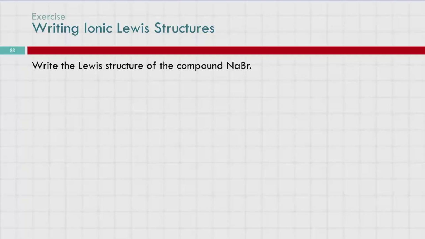Write the Lewis structure of the compound sodium bromide. Na and Br are the two elements that we have. Sodium has 1 valence electron. Bromine is a halogen, so it's going to have 7 valence electrons. Sodium is a metal. Bromine is a nonmetal. And so when they get together, bromine says, hey, I'm going to take that electron from you right now.